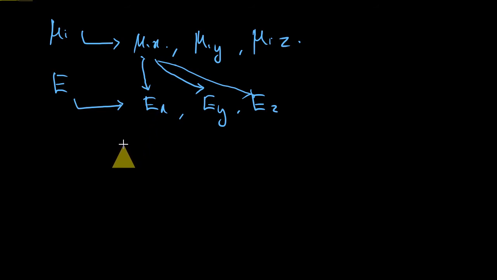I already said the induced dipole moment mu I is due to the distortion of the electronic charge cloud in the molecule. And now I am going to make an analogy.